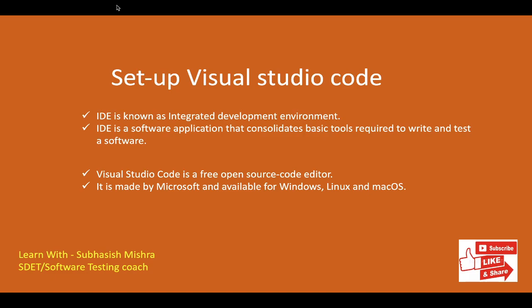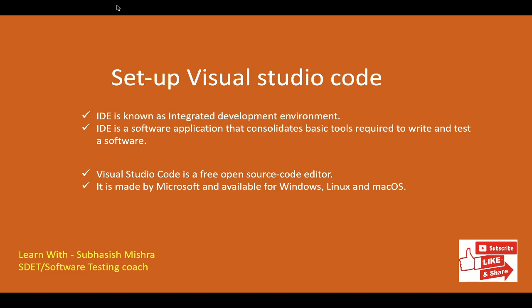Visual Studio Code is a free open source code editor. It is made by Microsoft and available for Windows, Linux, and Mac OS. It supports various features like debugging, syntax highlighting, intelligent code completion, snippets, code refactoring, and embedded Git.